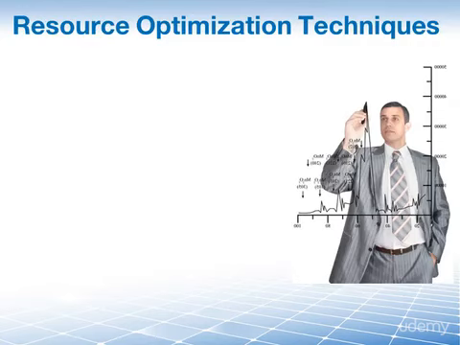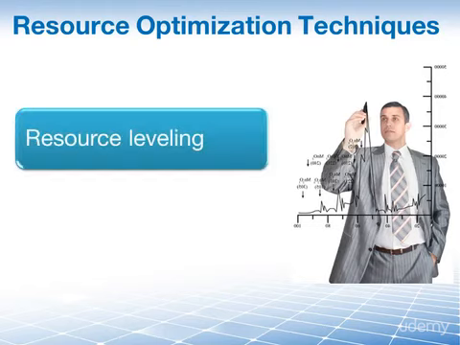Resource optimization techniques are those methods that match scheduling activities with available resources to achieve project goals. There are 2 types of resource optimization techniques here that we need to be talking about. First of all, resource leveling. It considers available resources and project time, as well as reviewing scheduling activities and required resources.